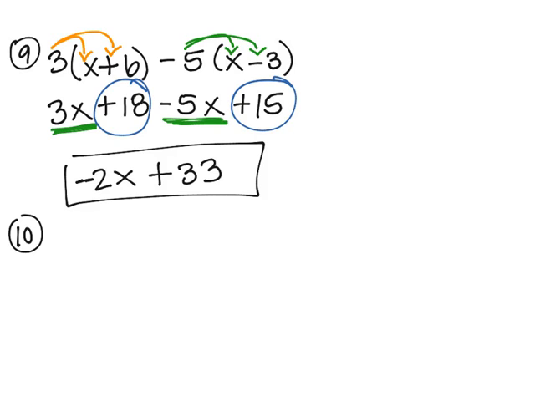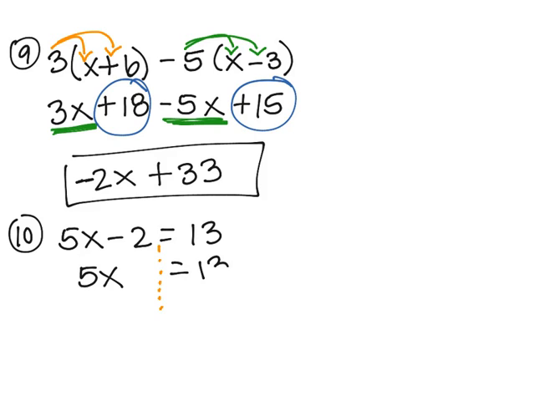10, we got an equation. 5x minus 2 equals 13. Starting small. If we're solving for x and we want to get that by itself, who has to move first? Negative 2. Very good. So we're going to keep 5x on this side. And when I bring negative 2 over here with the 13, it becomes a what? A positive. Awesome.